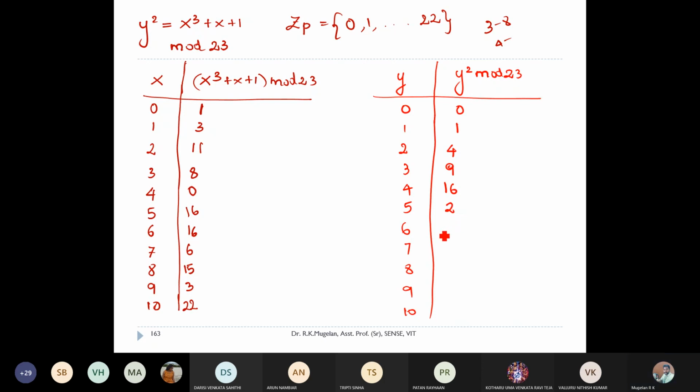Similarly, can you tell me the answer for this one? 36, 49, 64, 81, 100, mod 23. That is 6 square, 7 square, 8 square, 9 square, 10 square. Once you have done this part, 90% of your work is over to get the points. Just tell me the answers for 6, 7, 8, 9, and 10.